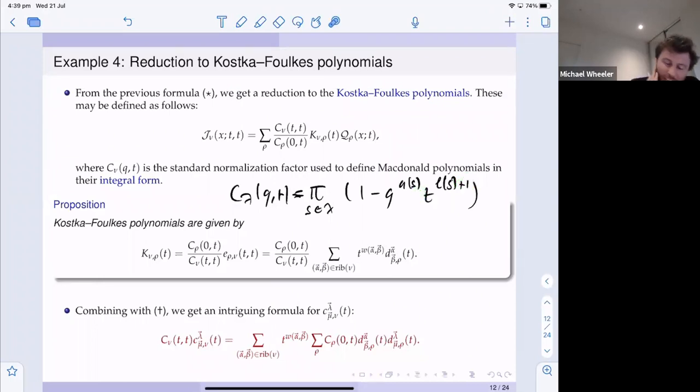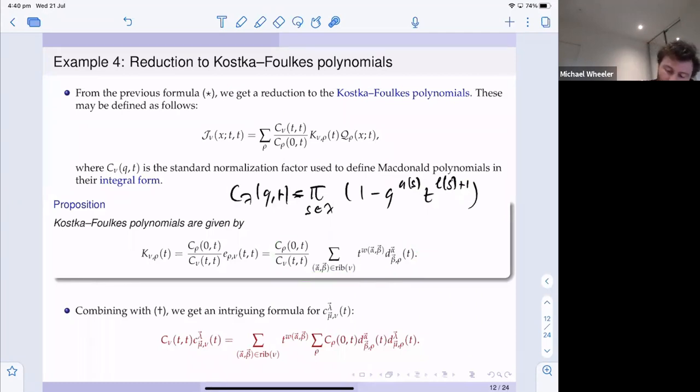Okay. So this is the thing we're looking at, and the Koska-Fulks polynomials end up having explicit formulas. So basically, I end up with this formula here. It's just by application of putting together all of the results that we've come up with so far.